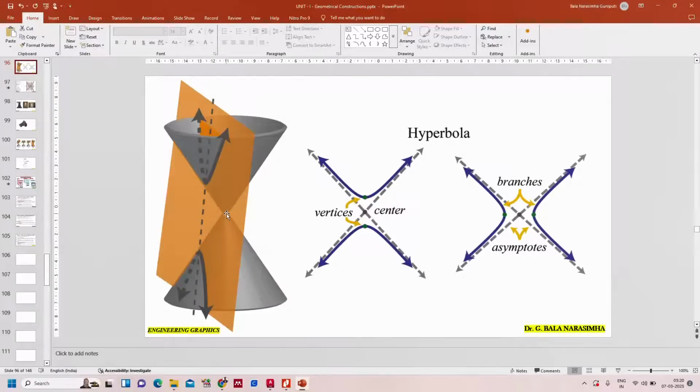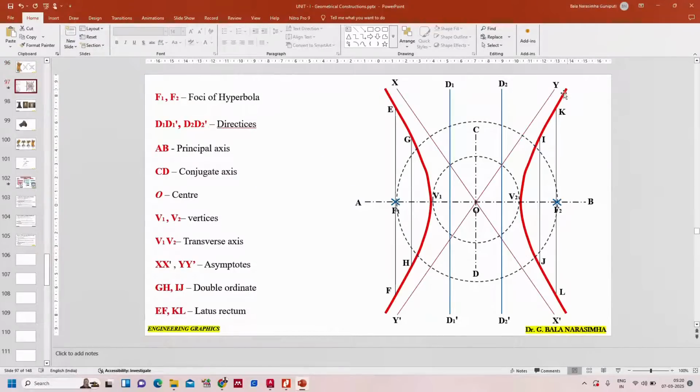So this is the vertex V1 for one branch of hyperbola, and the vertex V2 for the second branch.